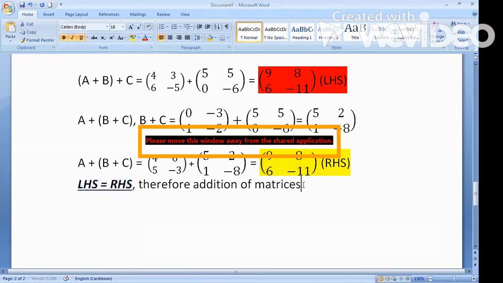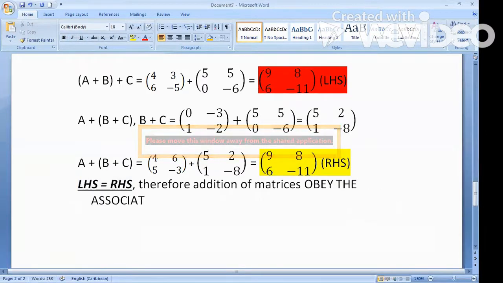So therefore, addition of matrices obeys the associative law. So we spoke about the commutative law, and now we've talked about the associative law. Are you guys following? Any questions?